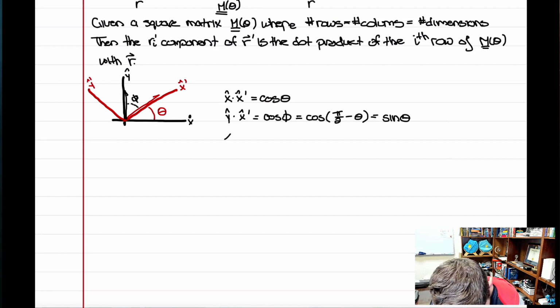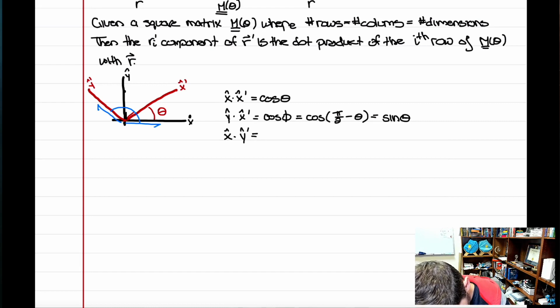All right, next. Original x, but now the y dash direction. So now let's get rid of these. Now it looks like I'm talking about, I'll just use blue, this direction and this vector. In which case the angle seems to be not theta, not phi, but this thing here, whatever that is.